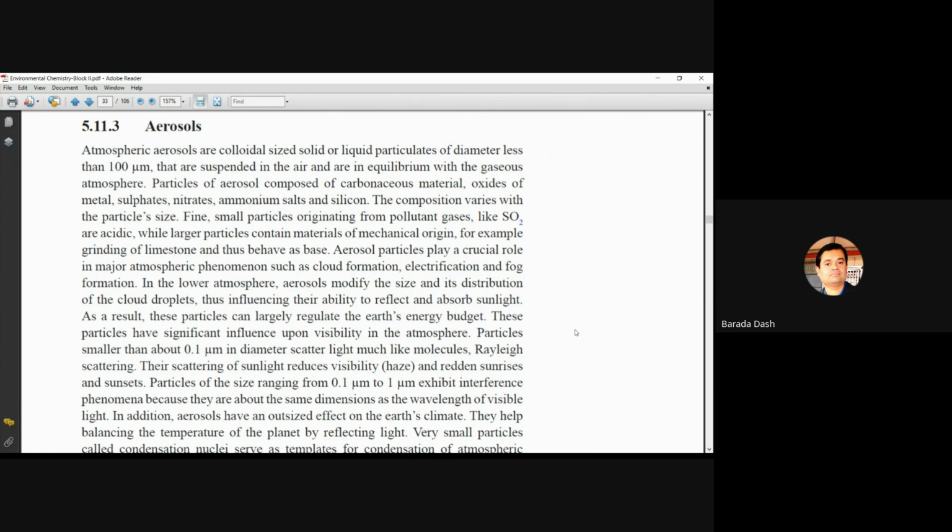The composition varies with the particle size. Fine, small particles originating from pollutant gases like sulfur dioxide are acidic, whereas larger particles that contain materials of mechanical origin, for example grinding of limestone, behave like a base. So aerosol could be a basic or acidic particle depending upon its composition.